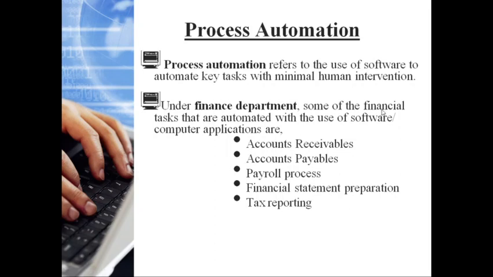So what are the financial tasks that could use process automation? Accounts receivable, accounts payable, the payroll process, financial statement preparation, and tax reporting. In all these key tasks, you can use software or computer applications in order to achieve process automation.